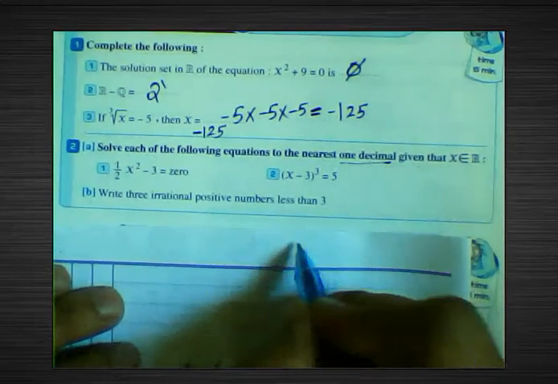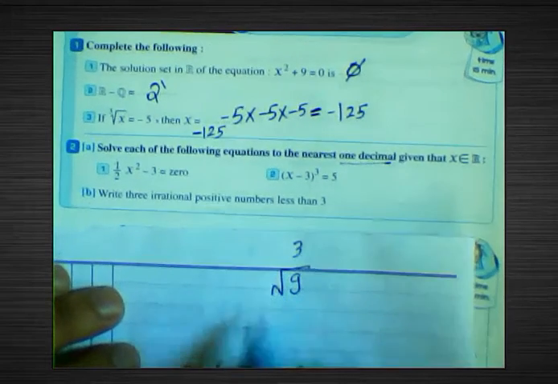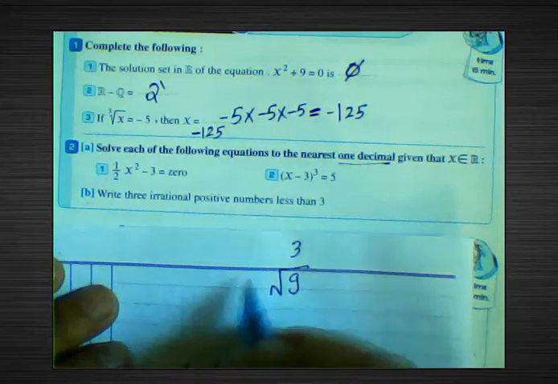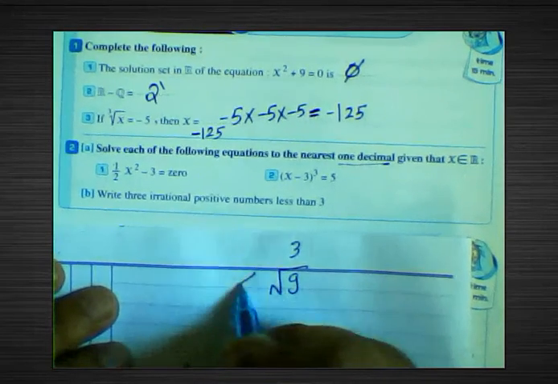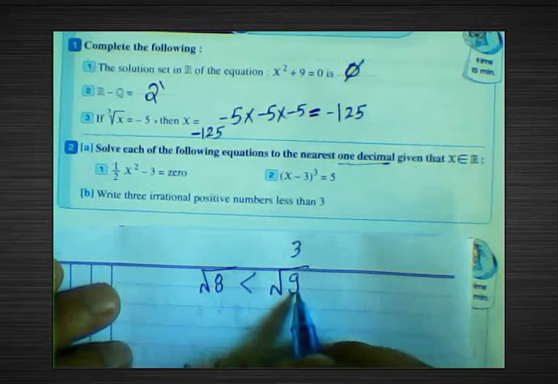Look with me. 3 will be 9 if we have square root of 9 equals 3, and square root of 8 is less than square root of 9.